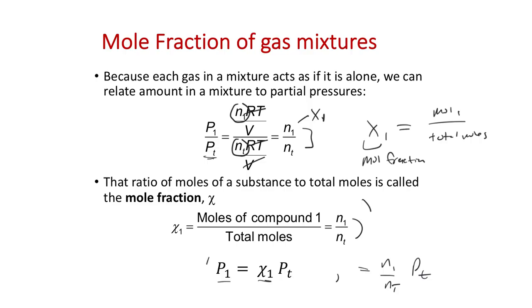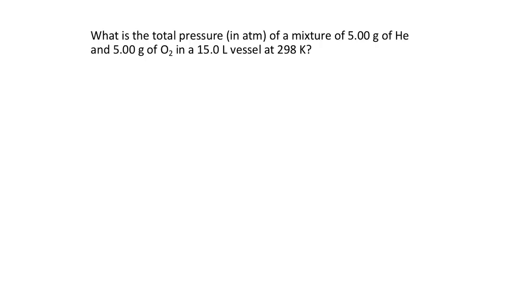It's a fair bit of writing, but this is Dalton's law of partial pressures: the partial pressure of a component is just its mole fraction times the total pressure, and its mole fraction descriptively is just N1 over NT. So it's just a simple rewriting of this equation into this form, taking note of what the mole fraction means. Let's take a look at a problem we can solve with this.